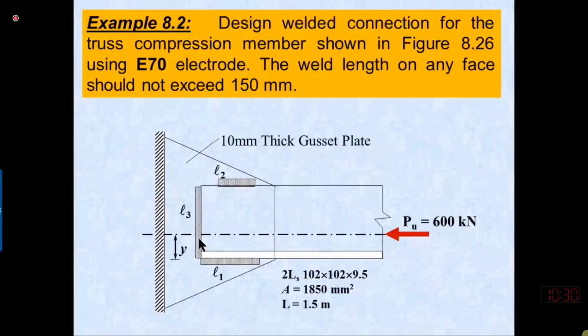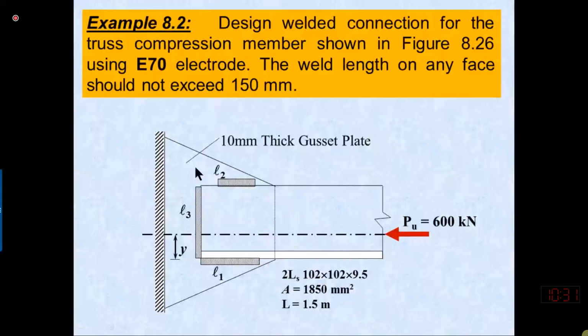TW minimum: these tables are also provided in the LRFD manual. If you open page number 86, so let me open page number 86. This is page number 87.